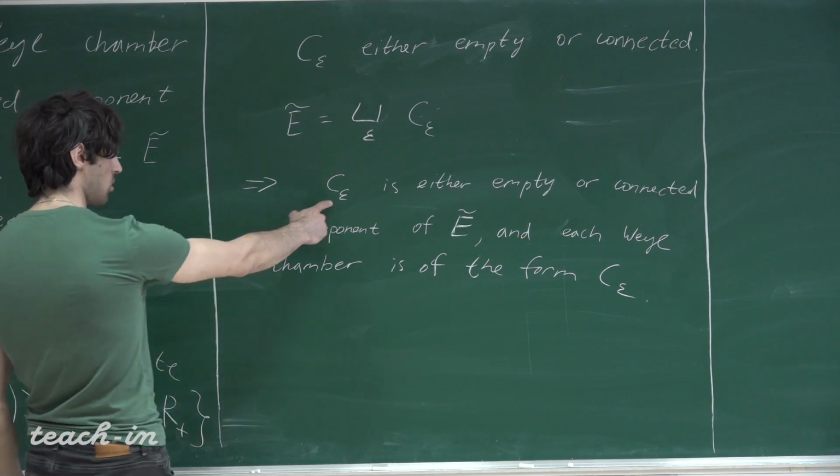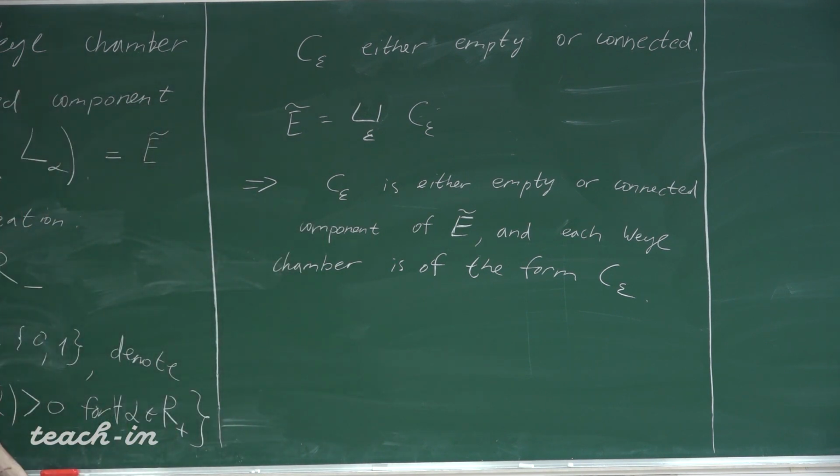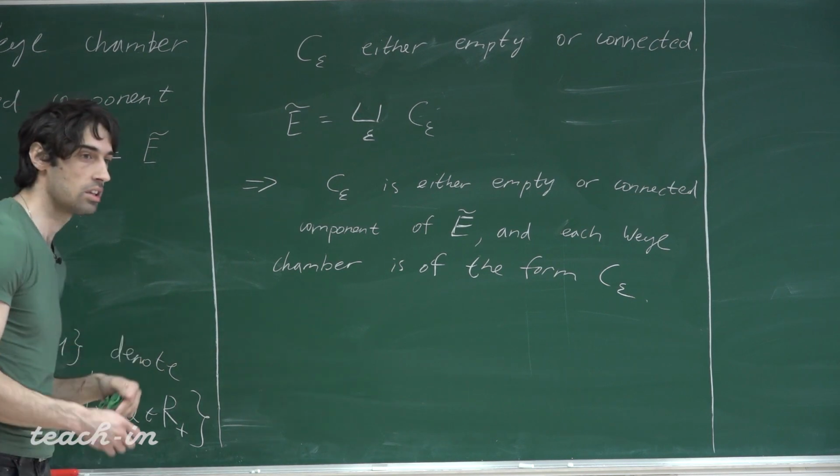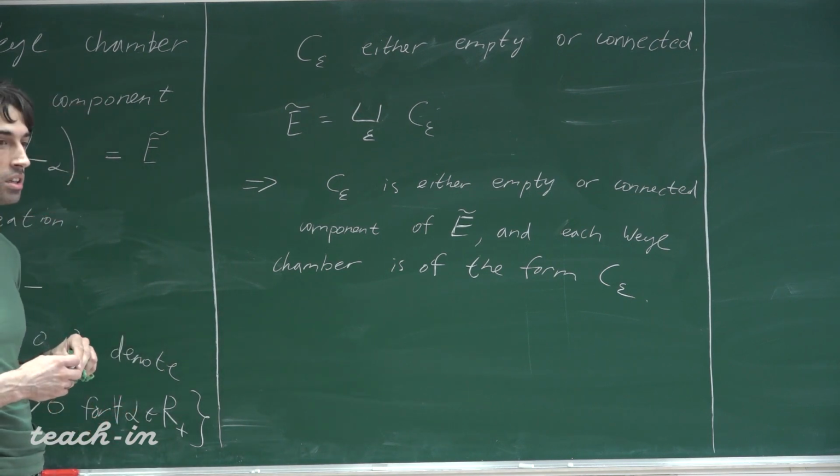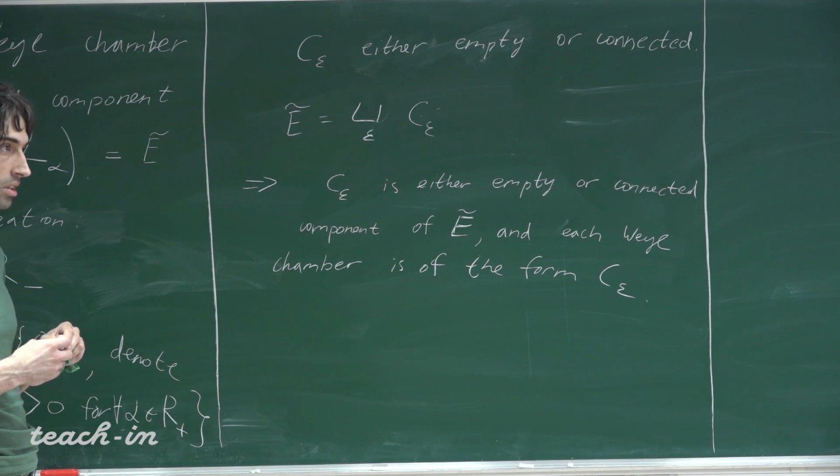Right, so among all these Weyl chambers, or C epsilons, when we fix a polarization, we have a distinguished one. Do different C epsilon intersect with each other? They don't.